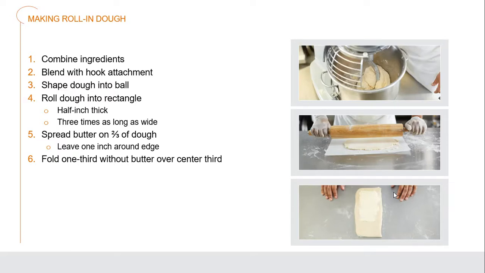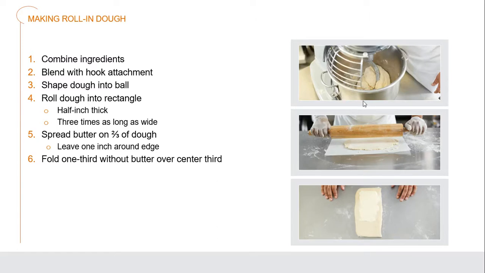So when we make roll-in dough, this is where we're combining all the ingredients together, blending them with a hook attachment. As you can see on here, this is our hook attachment, because this is an attachment that is actually going to knead our dough together. We shape the dough into a ball, and then we roll the dough into a rectangle, and then we're doing it till it's rolled to about a half inch thick, and then 3 times as long as it is wide, as you can actually see on here.